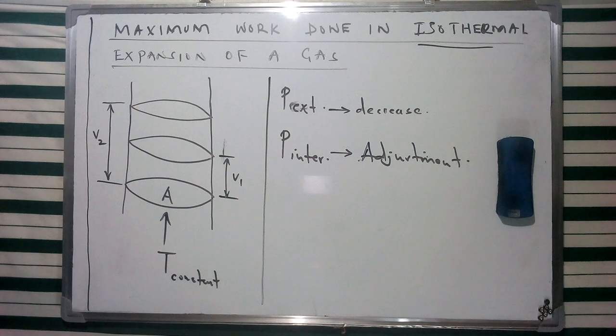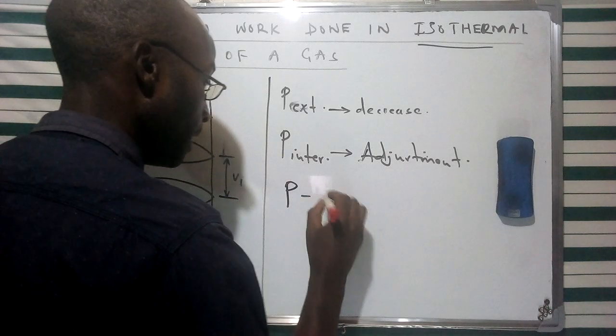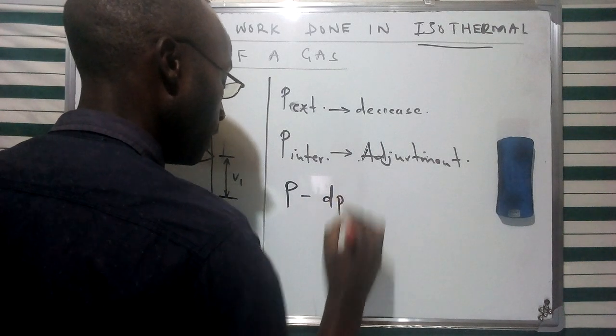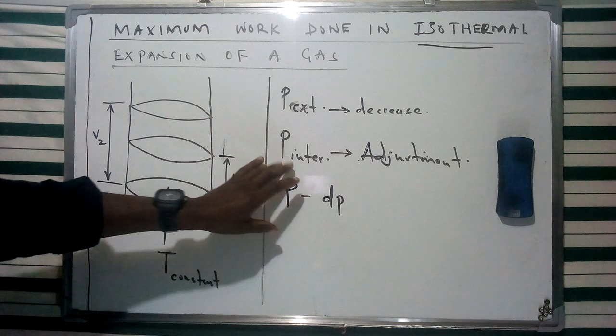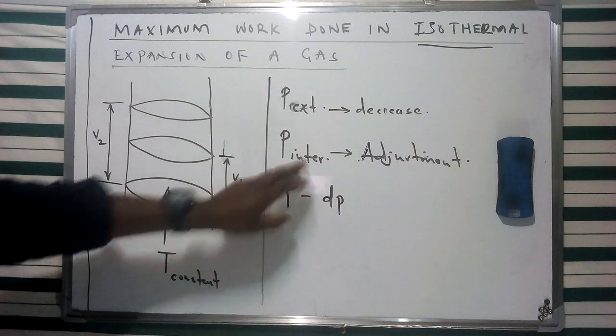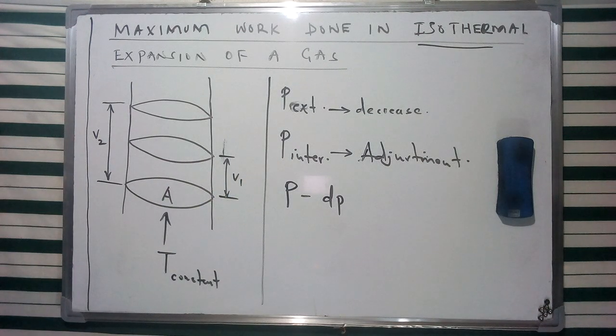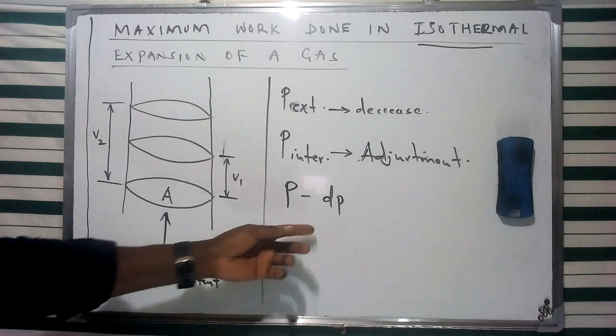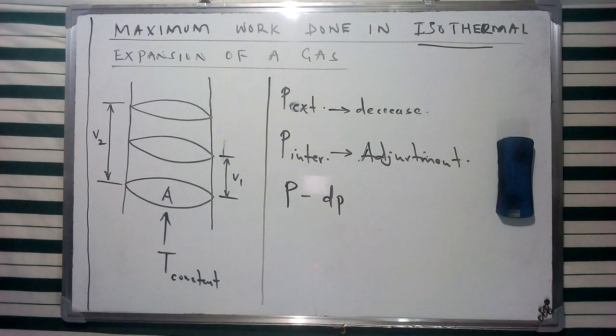So therefore, we can describe the relationship between external pressure and internal pressure, whereby at any given point during this process of expansion the pressure is given as P minus the small change in pressure accompanying that adjustment, given as dP, where dP, as I've said, is the infinitesimal change in the pressure which is experienced.